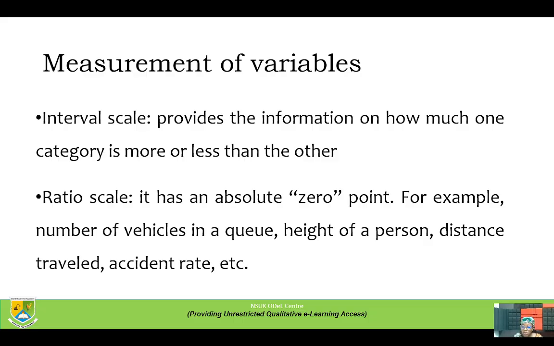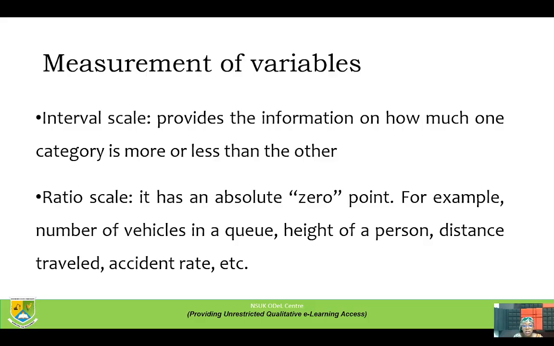Temperature goes beyond 0. There are temperatures of negative values. You could have -8°, -4°, and so on. So the interval scale does not start from 0. So when you say the interval scale has no absolute 0 point, that's what it means, that it cannot start from 0.